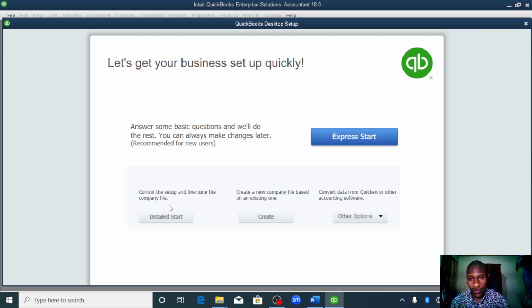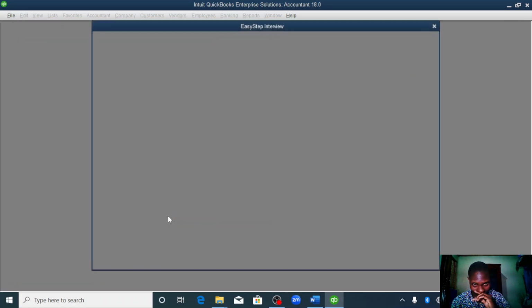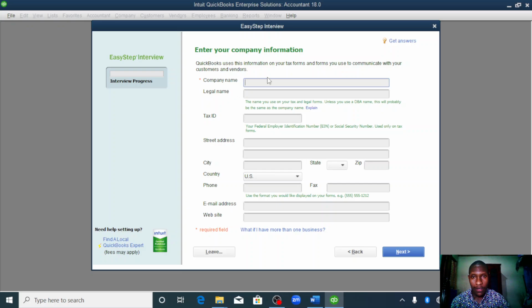So we go to detailed start, then we enter the company name, that is Mark Traders Company Limited. Legal name the same.